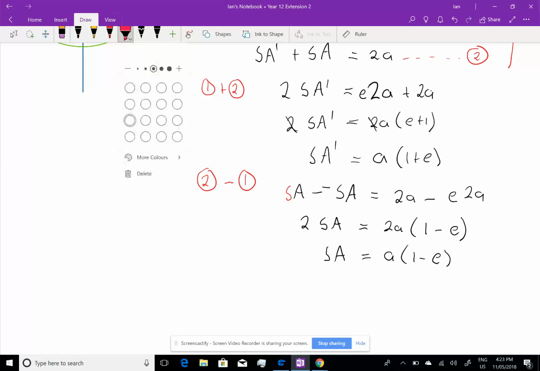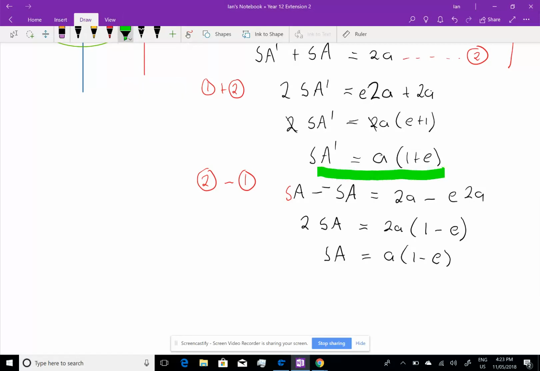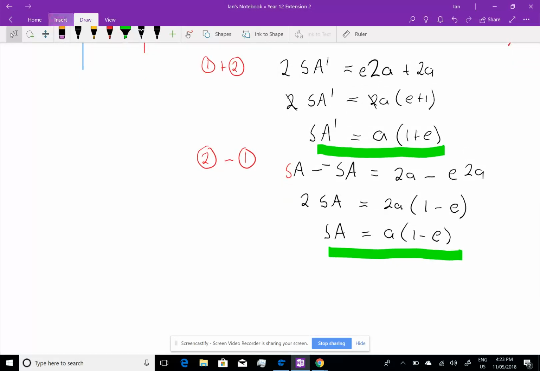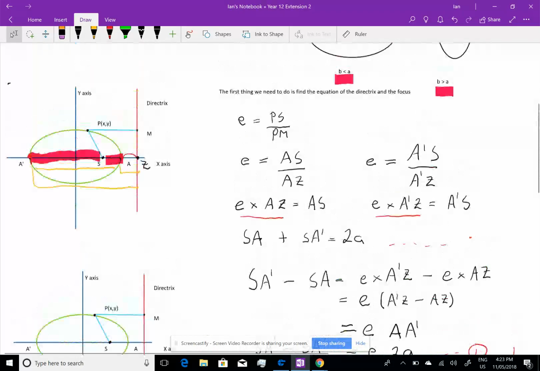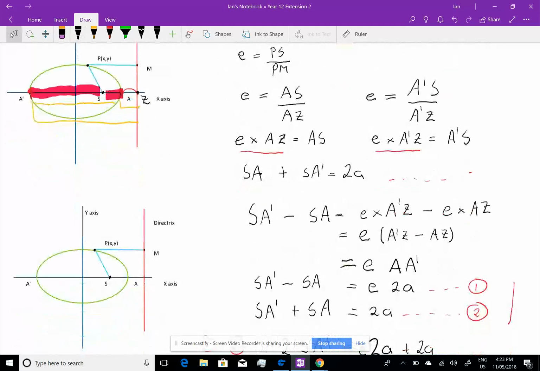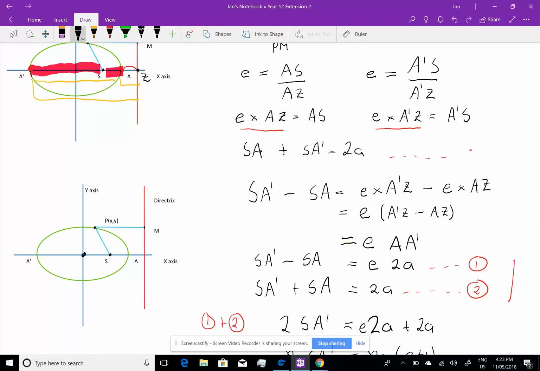And these are my two equations now. That one and that one. So, we're almost there now. But let's have a look at what OS is. Now the point O is the origin. So OS.